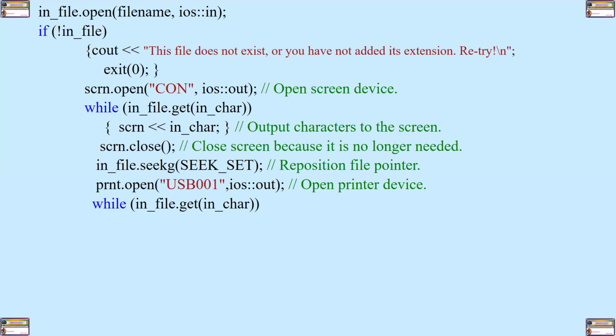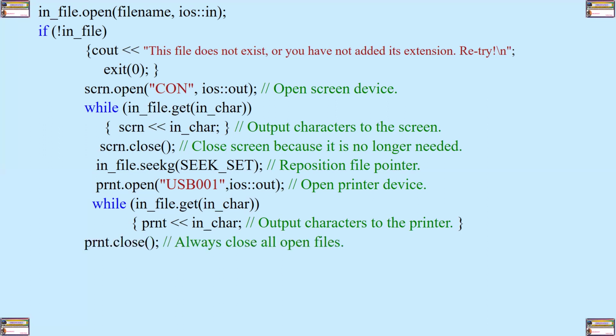As long as the file contains content, continue reading each character in the file one at a time and send it to the printer until there are no more characters in the file to be sent. Then close the printer. Then also close the file that you are reading from. Return control back to the main program or the caller and end the program.